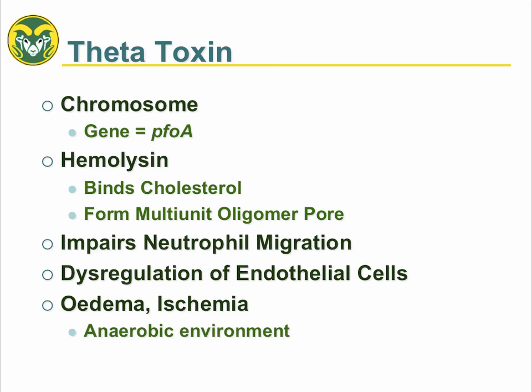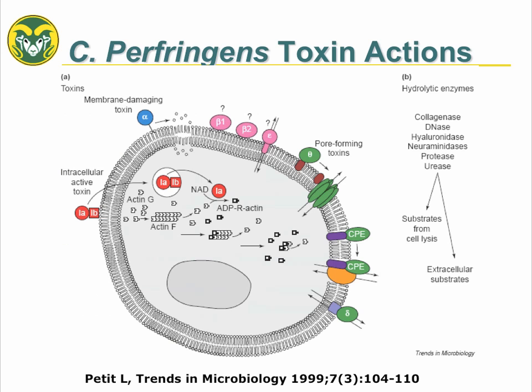Okay, theta toxin. I'm going to skip over this one. It's there, but we don't vaccinate against it, and so we don't particularly look at it. This diagram just puts all the different toxins together and where they work. Alpha toxin, as far as disruption of the pore. Beta and beta 2, again, probably forming pores in the lipid bilayer.